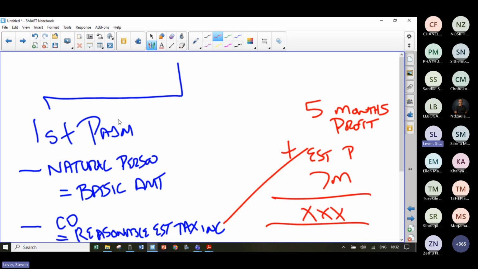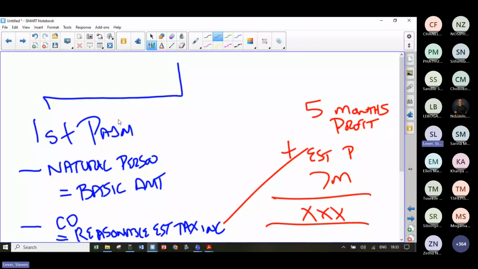That's what you're going to base it on if you're a company. And if SARS asks you and they do an audit on it, they will expect you to send across the first 5 months' trial balance, and here's an Excel spreadsheet estimating my profit for the next 7 months. That's what SARS will expect to see from you.